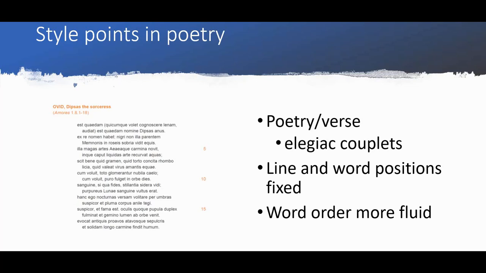The odd numbered lines have a hexameter, which means it has 6 feet, and the even numbered lines are in pentameter, which means it has 5 feet, and they alternate all through the poetry, which is why when you look at the poem, it has a longer and a shorter line.